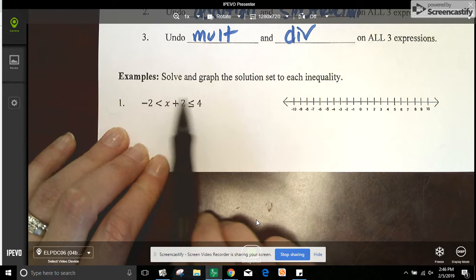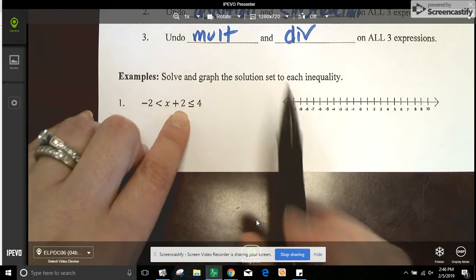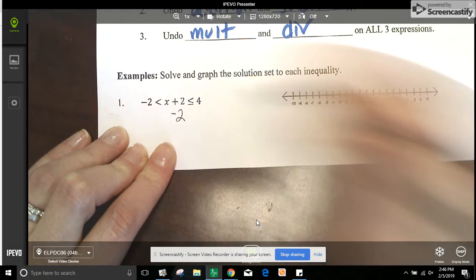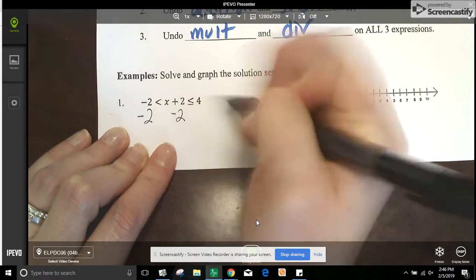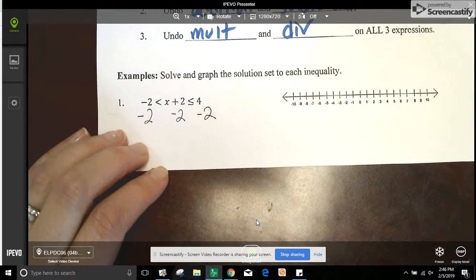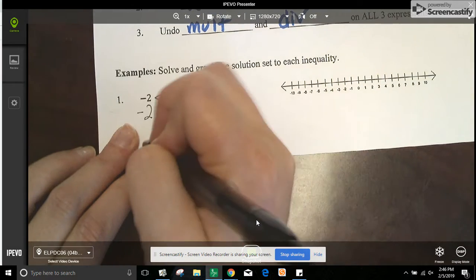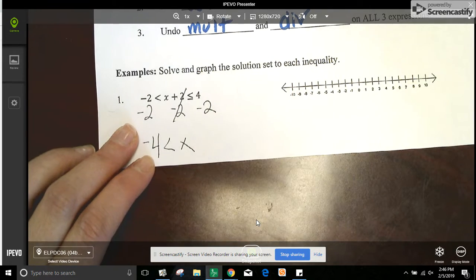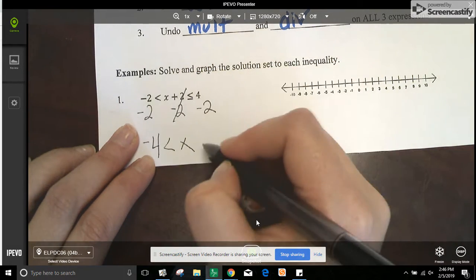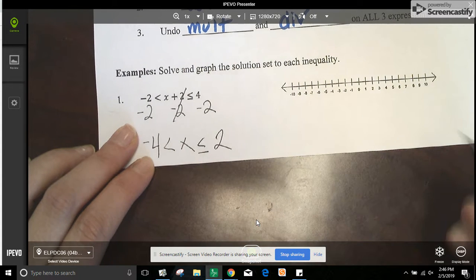So how do I get x alone here? The opposite of +2 would be -2. And whatever I do in the center, I have to do to the left and to the right. So -2 minus 2 is -4. This cancels. 4 minus 2 is 2.